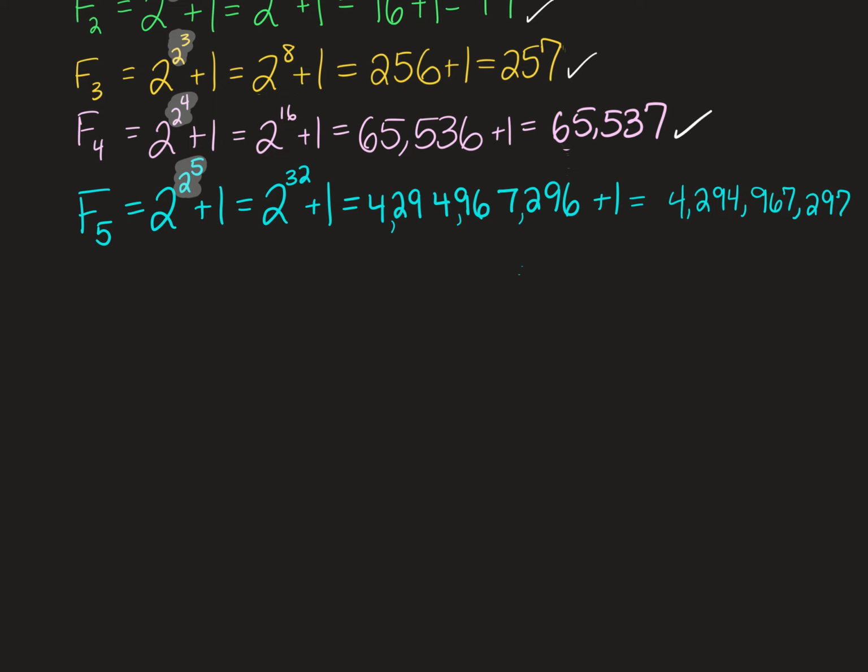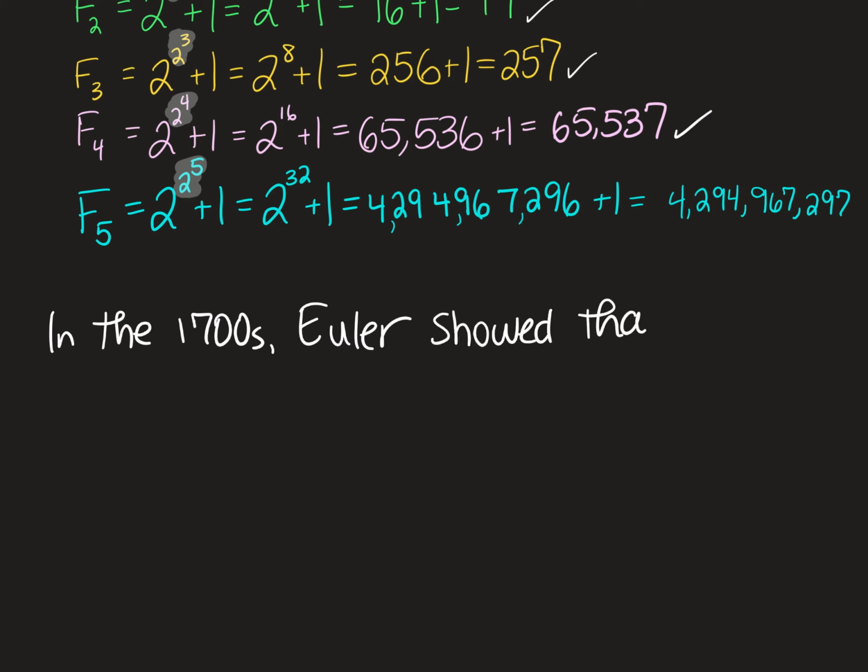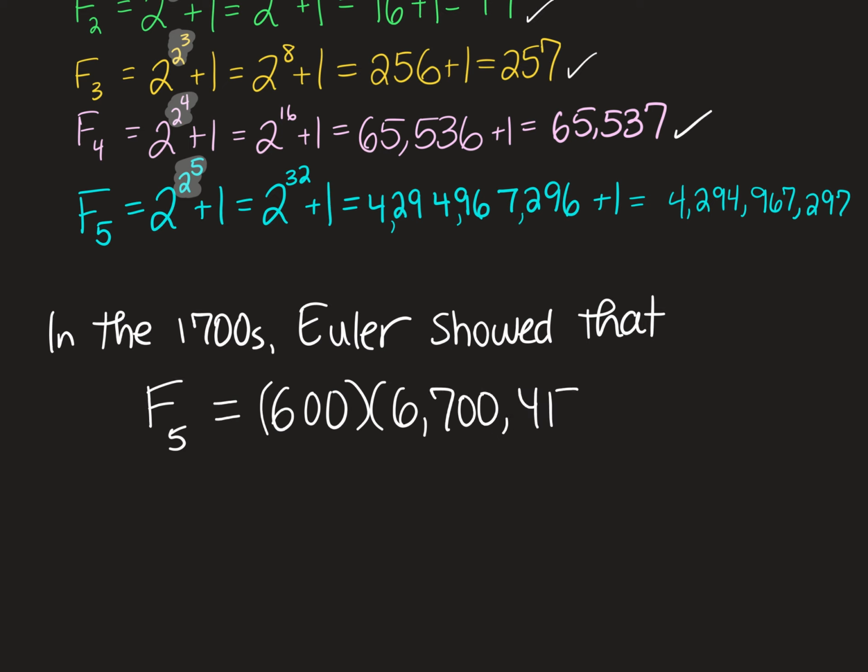So in the 1700s, I don't think the exact date is that important, this mathematician named Euler, and yes, it's spelled E-U-L-E-R, but it's pronounced Euler, showed that f sub 5, that thing that we wrote before, was actually equal to 640 times 6,700,417, meaning it's not prime.